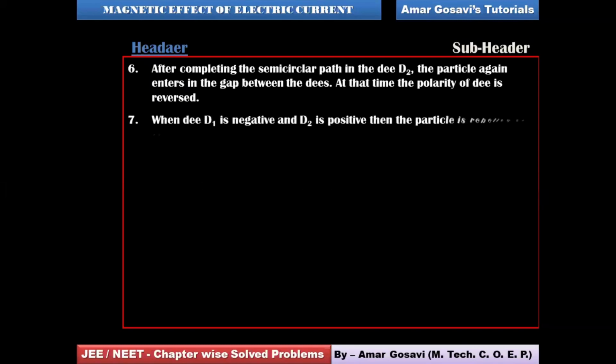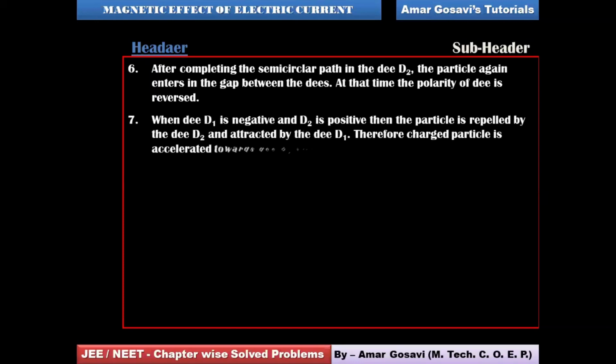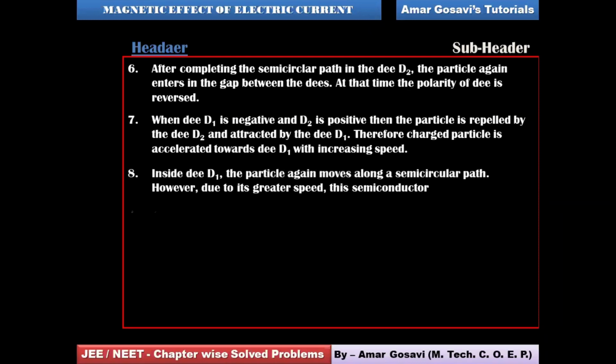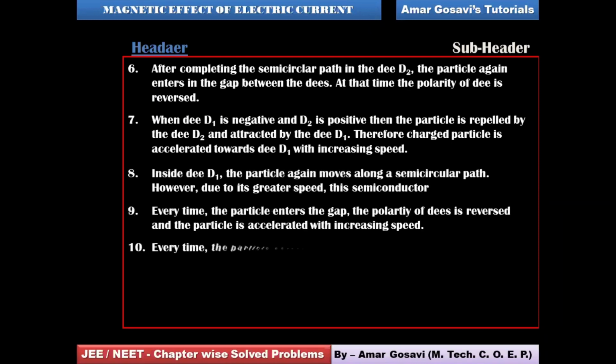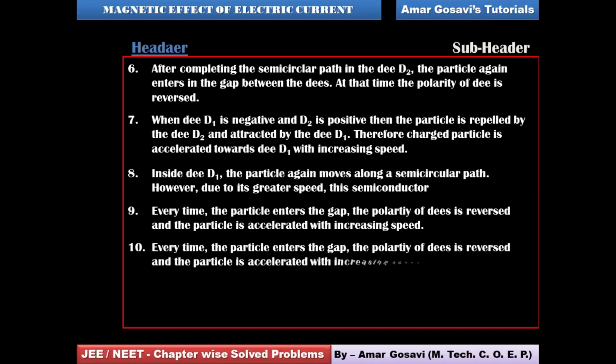So again, what happens after completing one semicircular path in D2? The polarity is reversed. When polarity is reversed, again I told you how D2 will repel the charged particle and D1 will attract, and correspondingly the same process happens in D1 now. So this keeps on happening subsequently. All right, and you can see every time the particle enters the gap, the polarities of the D's are reversed.